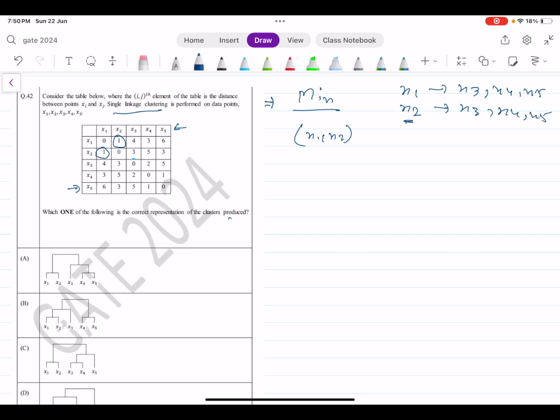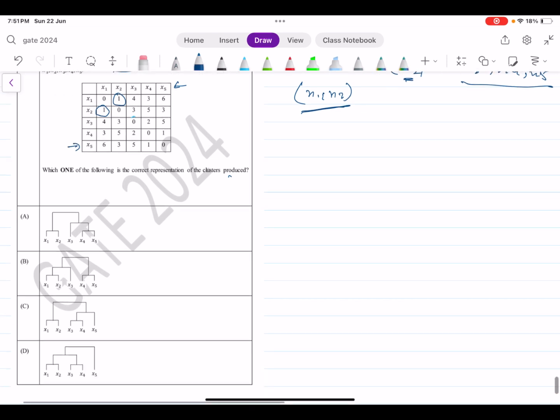When we group these, we choose the min of these distances to create our new distances. Then we do the same procedure: take the data points closest to each other, create a group of them, and recalibrate the distance. In this way we create clusters.